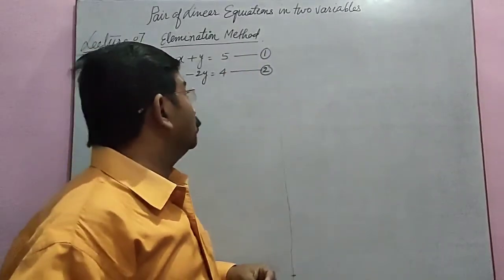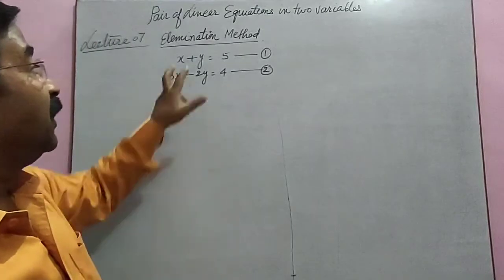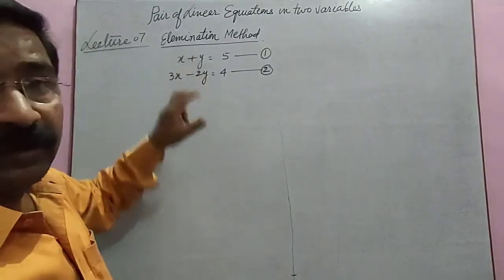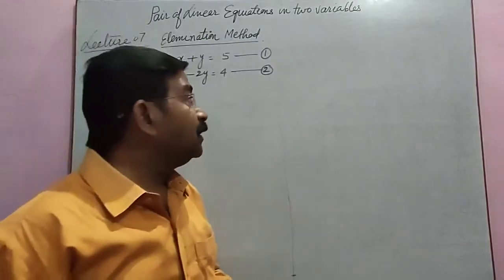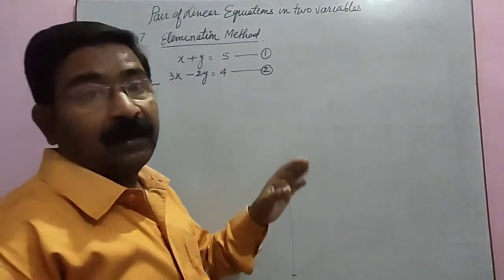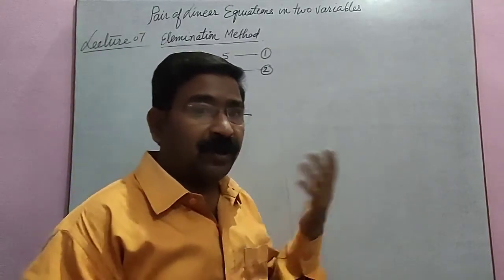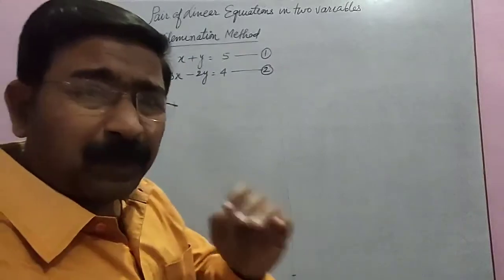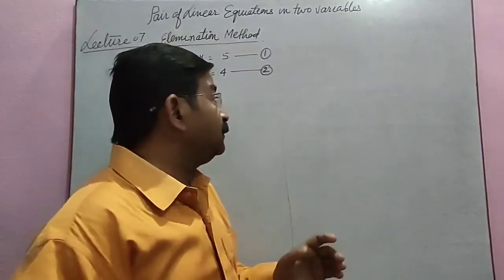We are given two equations in x and y. Both the equations have different coefficients. We have to eliminate x or y first and then substitute in the other one, or eliminate twice. Very simple method and very interesting method.